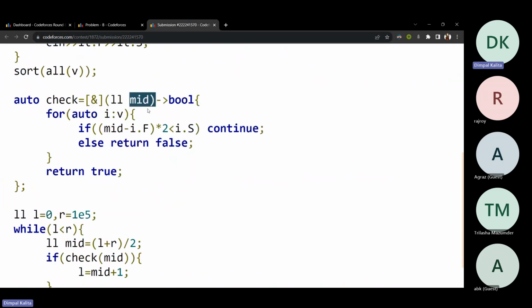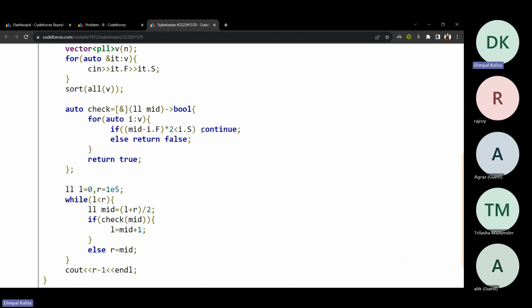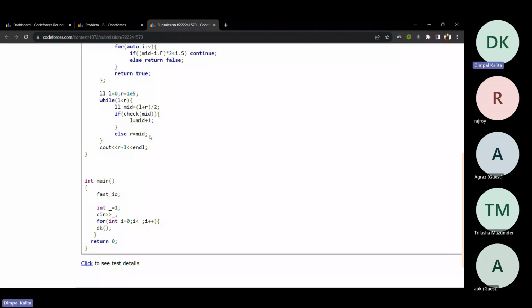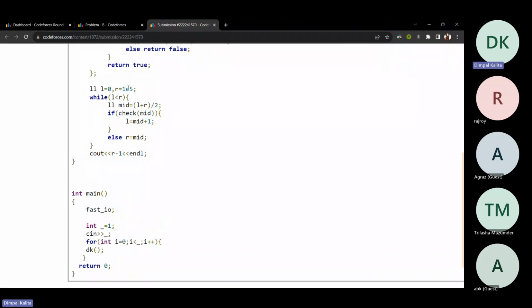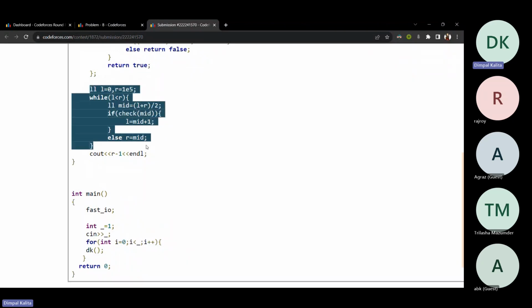I've checked if the remaining time into 2 for returning is less than the triggering time of the trap, then I can continue through that room. If not, I cannot go through the trap, and it will return false. The answer will be the maximum possible value, which is the value returned by the binary search.